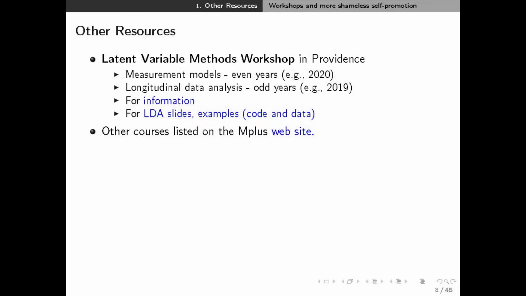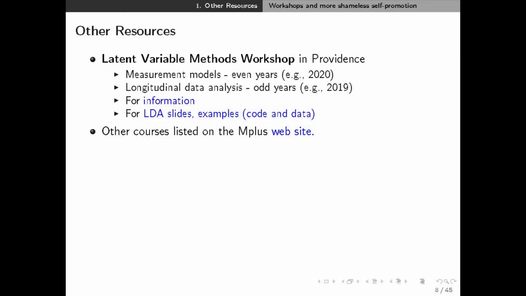It's really meant for beginners, people who are just starting out. It assumes you know nothing about Mplus or latent variable modeling. You can use the demo version on your own computer. You don't have to commit to a lifelong relationship with Mplus to attend the workshop and participate.